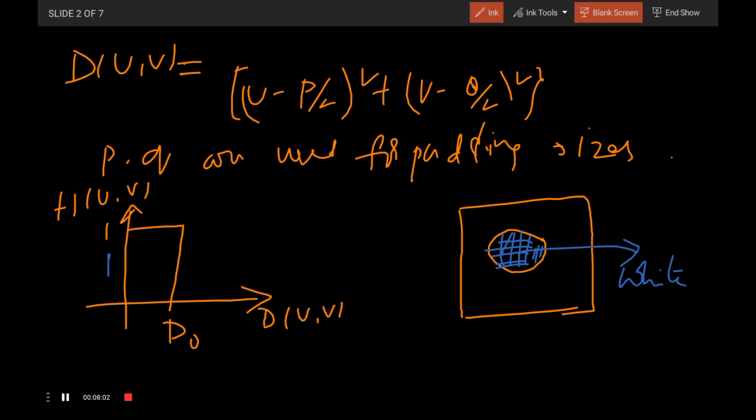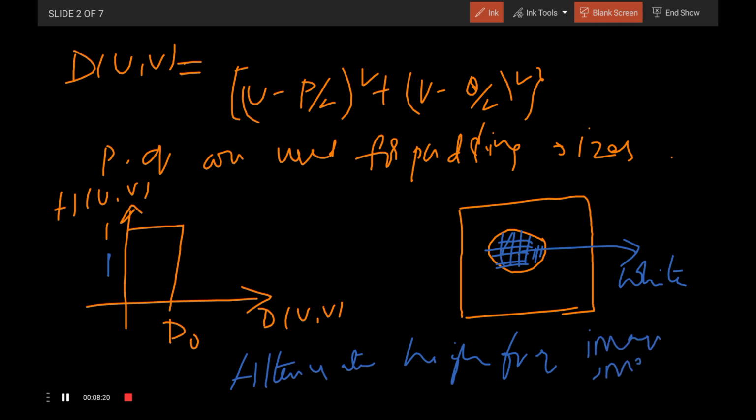This low pass filter is used to attenuate the high frequency components. If you attenuate the high frequency, the image is smoothed. Image smoothing is achieved in the frequency domain by using the ideal low pass filter.